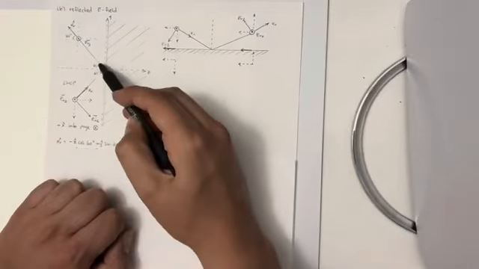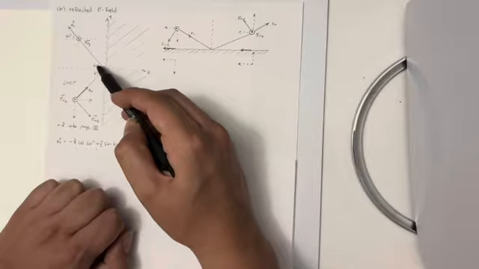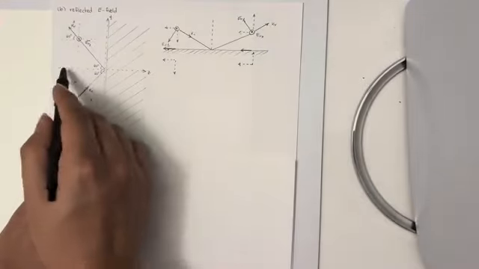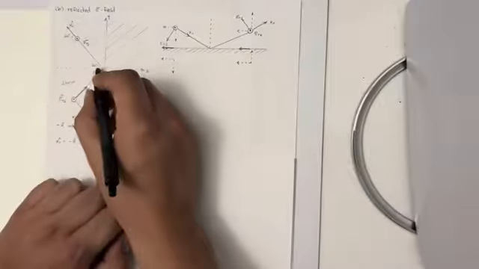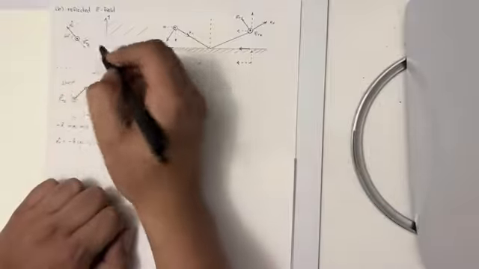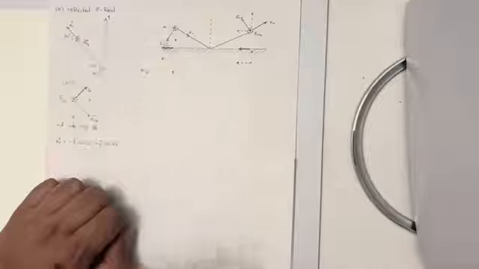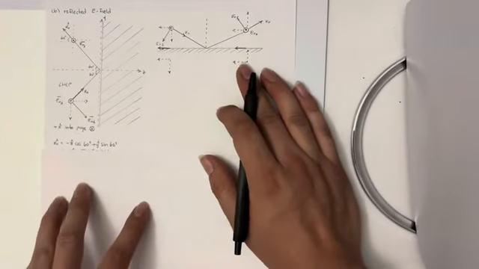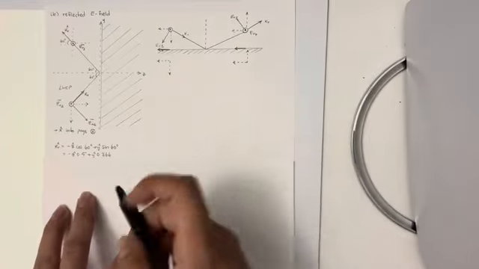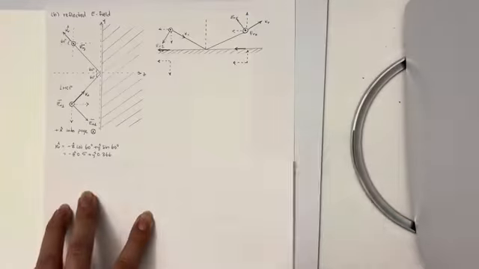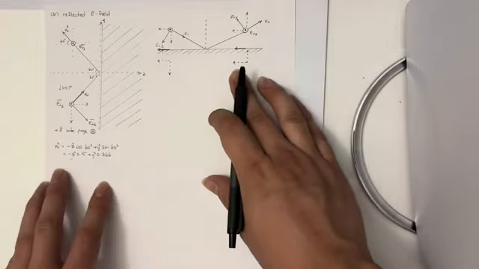And again, this degree is the same as this degree, as this is parallel with this. Therefore, this angle is the same as this angle, and this angle is the same as this angle. And then again, we simplify, which is negative z hat 0.5 plus y hat 0.866.